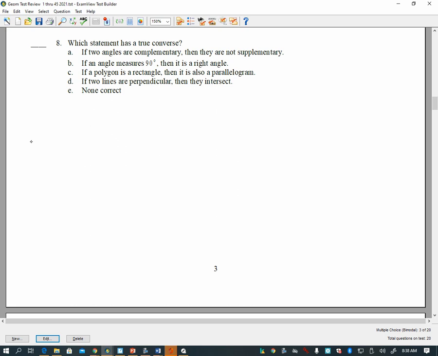Which statement has a true converse? What does the term converse mean? What am I doing if I have a converse statement? Changing a hypothesis and conclusion. Explain what you mean by change. Flip. Okay, so if the original statement was if A, then B, the converse of that would be what?